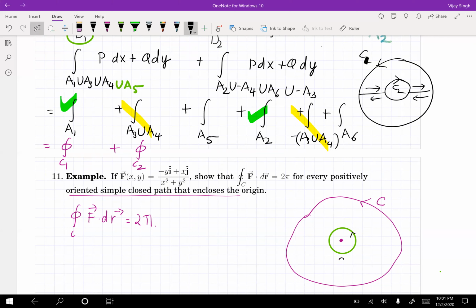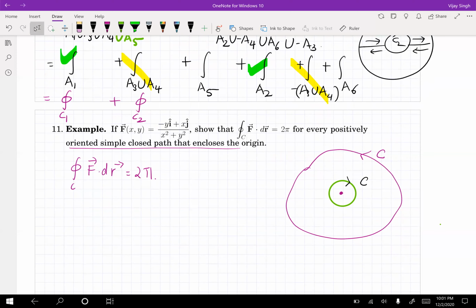So we'll orient it clockwise, right? Because the outside curve is counterclockwise, inside is clockwise. So C. So C can be any circle. So you may say, well, we are not sure what will be the radius of the circle.